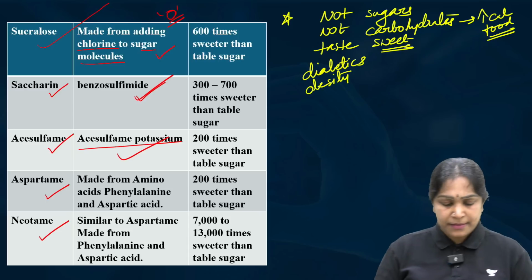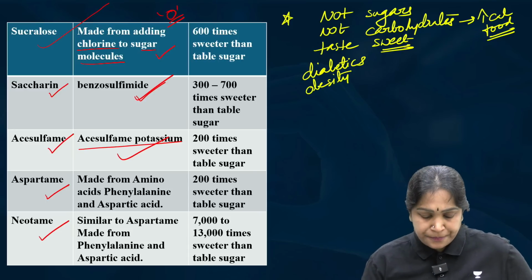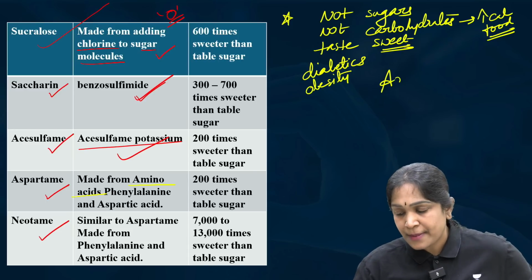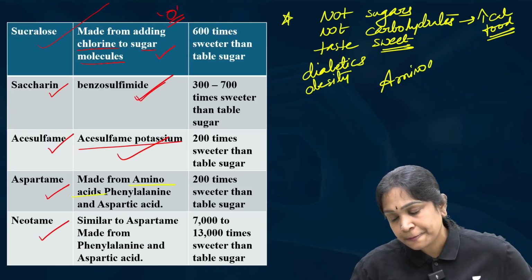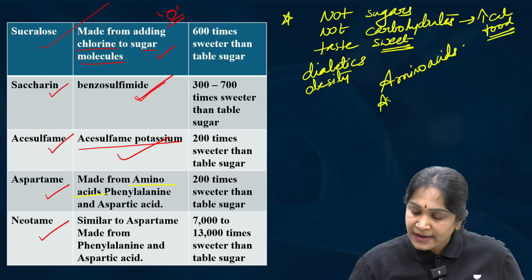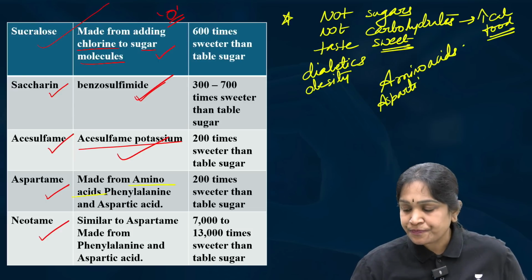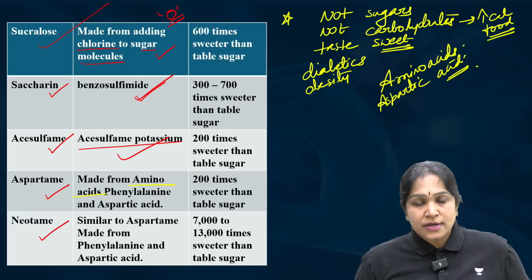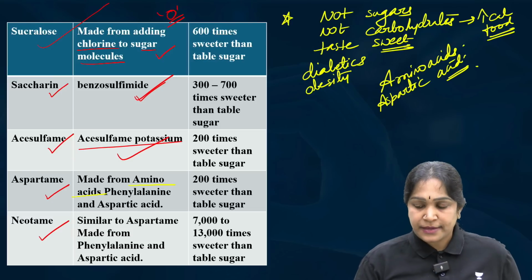Aspartame and neotame. Look at this, they are made from amino acids. We have an amino acid called aspartic acid.